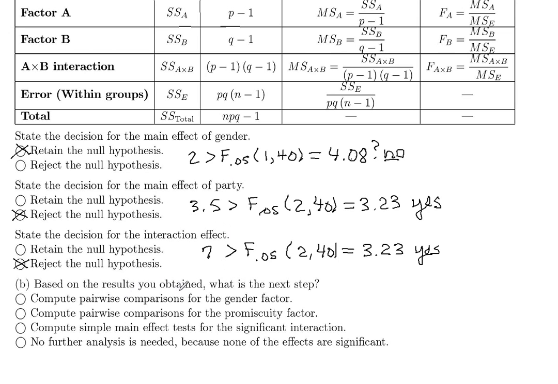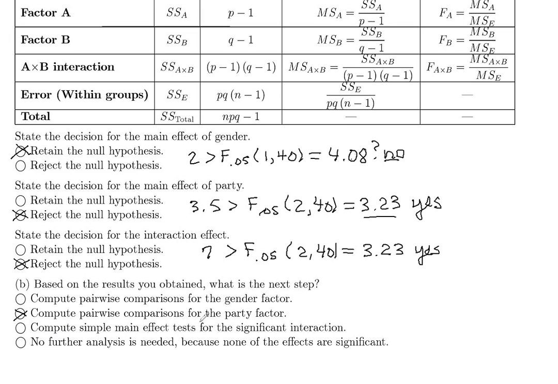So based on these results, what is the next step? Are we going to compute pairwise comparisons for gender? No, because that was not significant. This should be political party. So pairwise comparisons for party. That one was significant, so we would have to do pairwise comparisons for that.